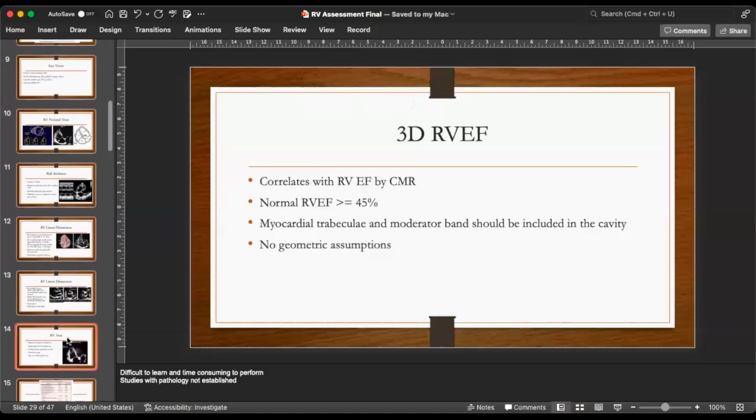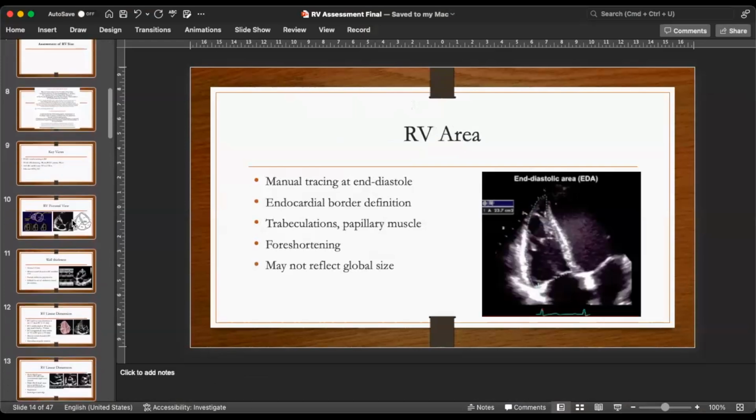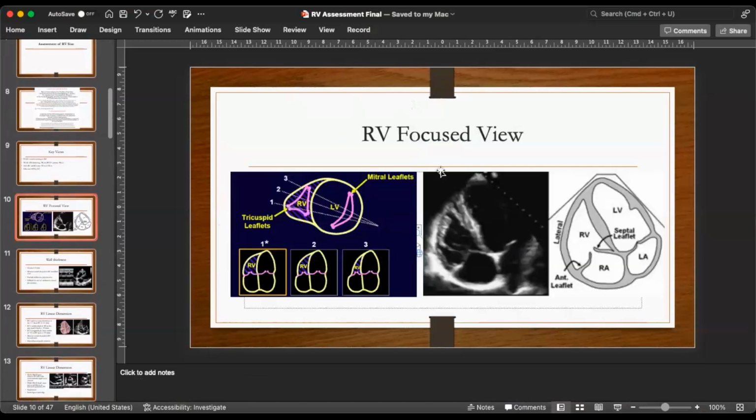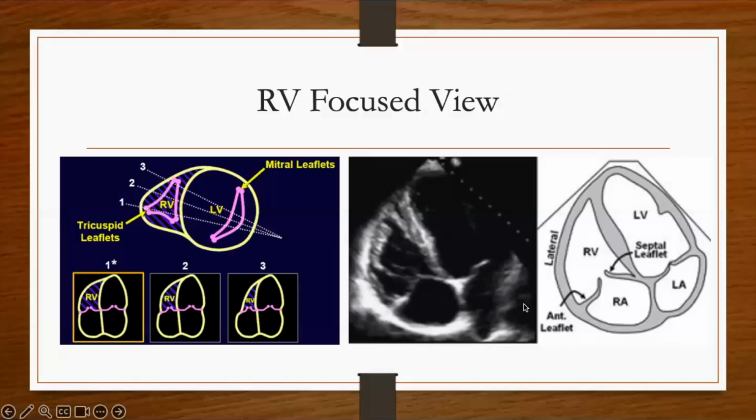The guidelines have a couple of nice figures on this. I only included one of them. Essentially what you want to avoid, and to your point, a lot of it is very visual and depends on the patient, but when you're doing the RV focus view, these two are what you want to avoid.